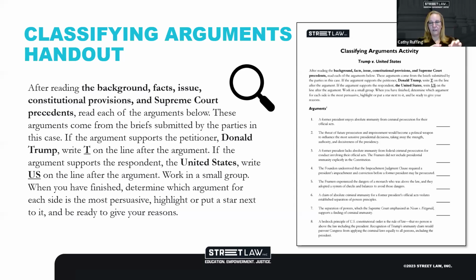So they're reading the arguments that Gregg and Kim just went over, but in random order. And it just helps them be able to think about which side would this support, and in the process, they're reading all of the arguments and thinking deeply about each of the arguments.